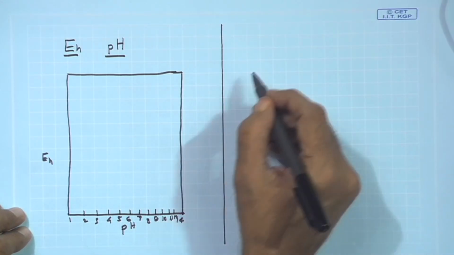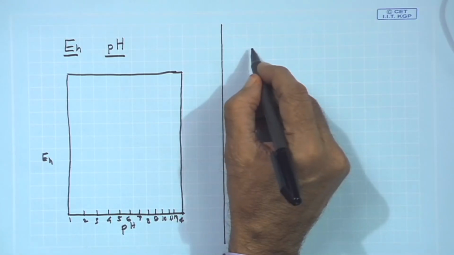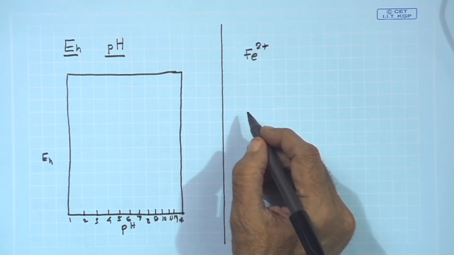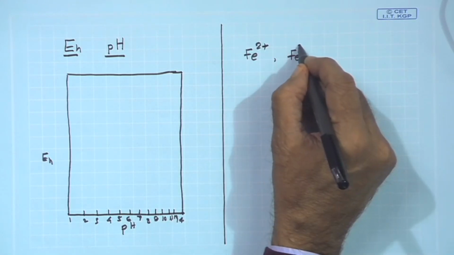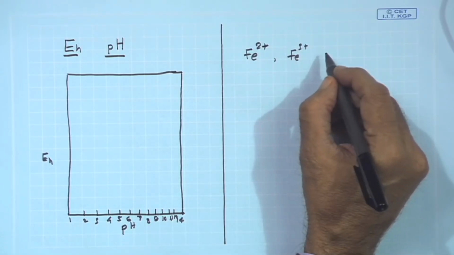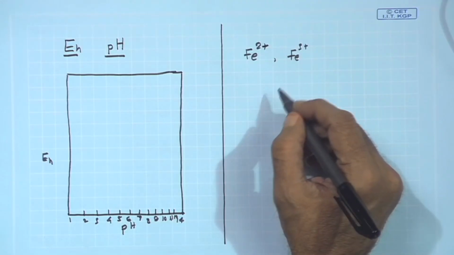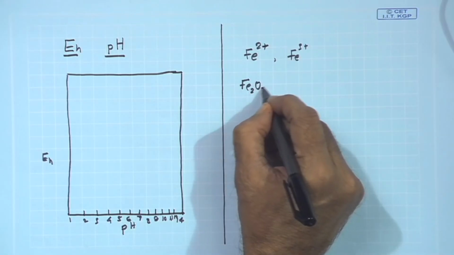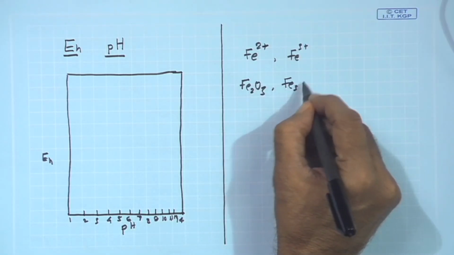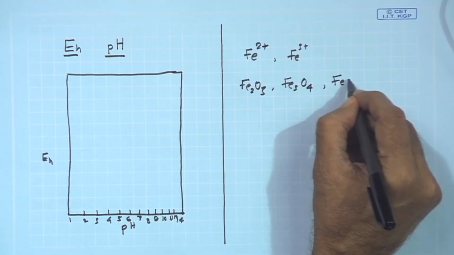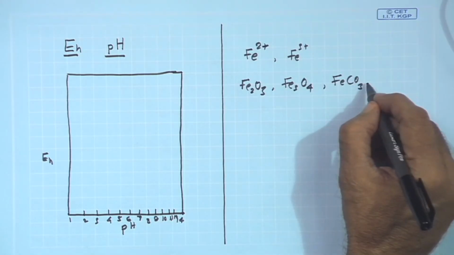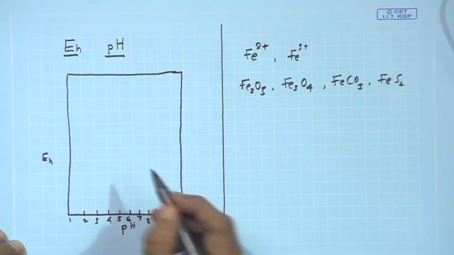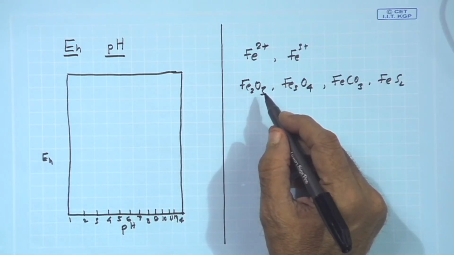The dominant species we can consider are iron 2 plus, the state in which iron is soluble, and iron 3 plus, the state in which it is insoluble, and we could consider the dominant mineralogy of the facies just stated: Fe2O3, that is hematite, Fe3O4, that is magnetite, FeCO3, that is siderite, and FeS2, that is pyrite.